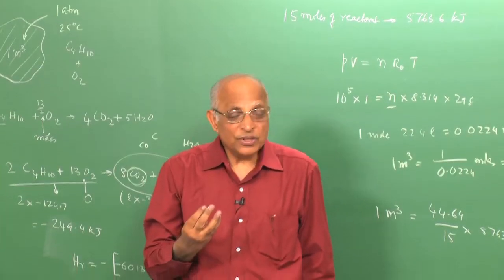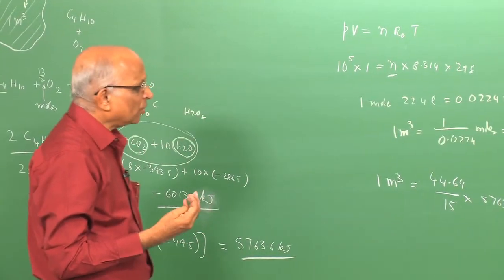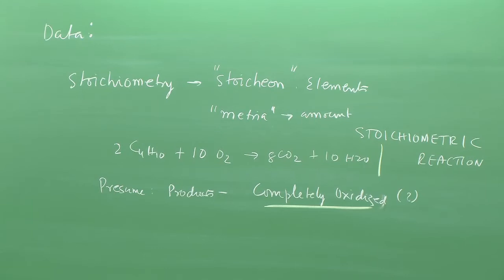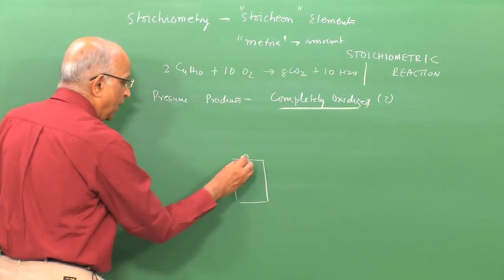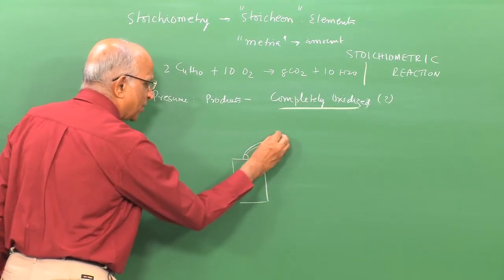But then we still are working with oxygen. Mind you, if there is a spill, let us say in your kitchen, I have the cooking gas which is essentially butane, and maybe a pipeline which connects it to the burner.